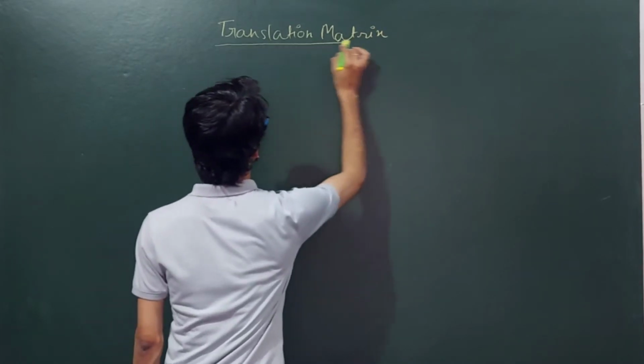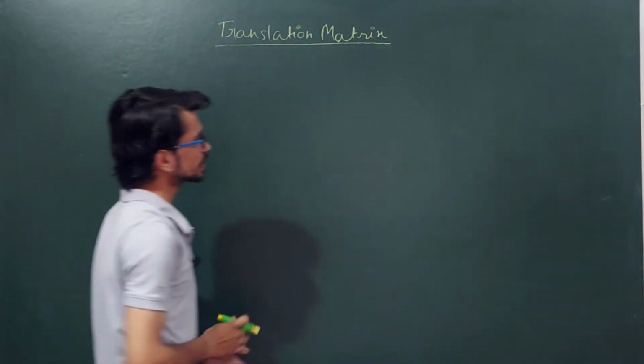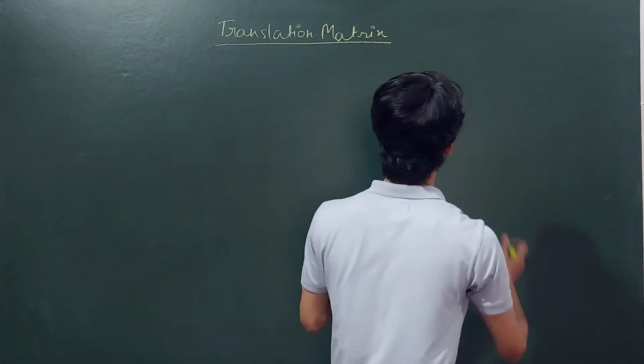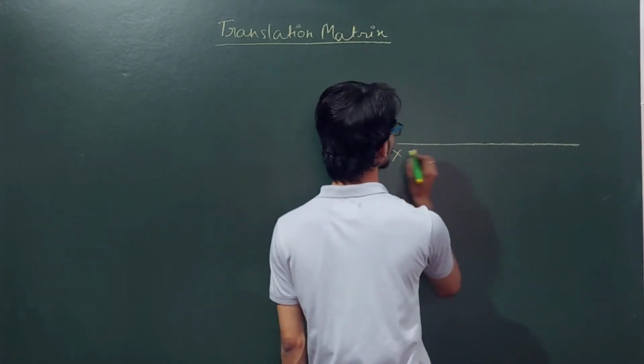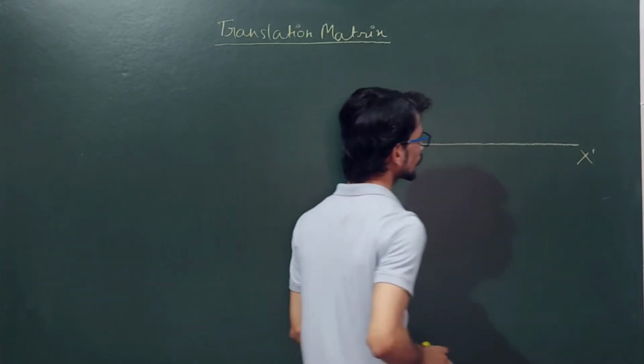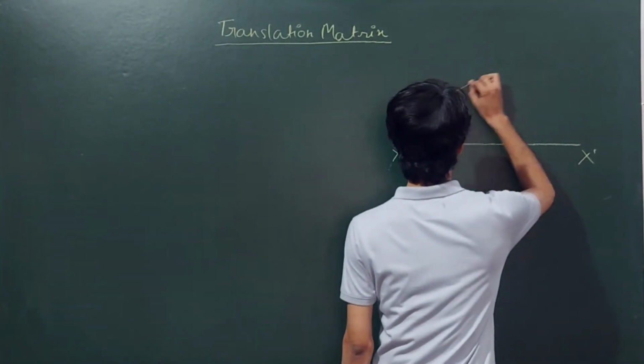Now I will form a matrix for the translation of a ray. Again I can take my previous example in which this is the principal axis, let's say this is x and x dash, and there is some ray coming from a point.